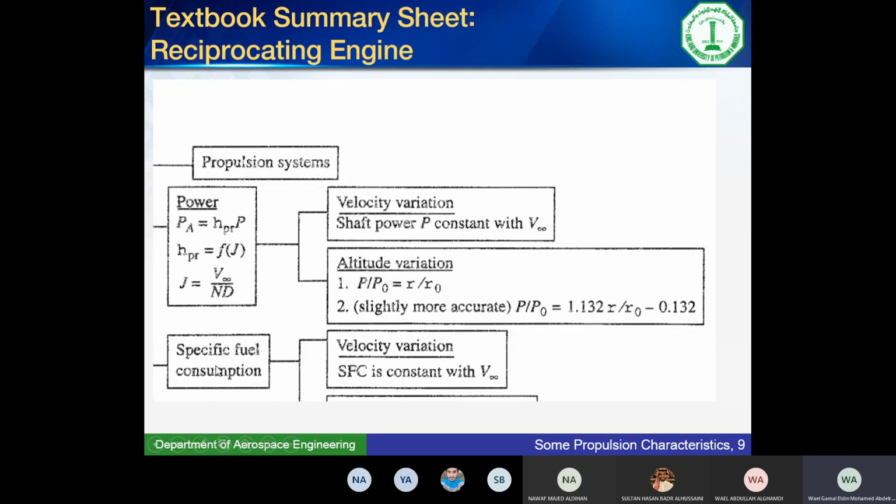These are the equations for the piston engine, the reciprocating engine, where it shows you the variation of the power with the velocity and altitude, and the variation of specific fuel consumption with velocity and altitude. We discussed this last time, but it's just summarized in here.